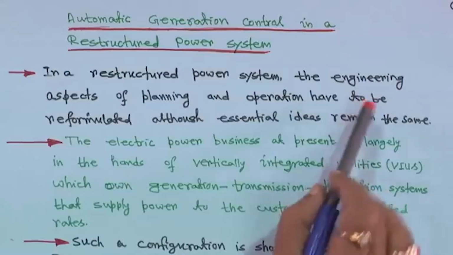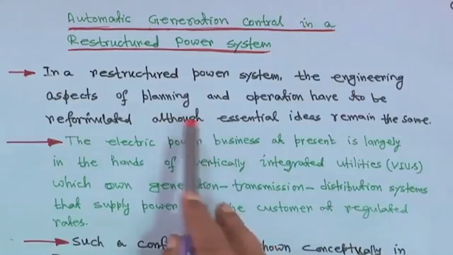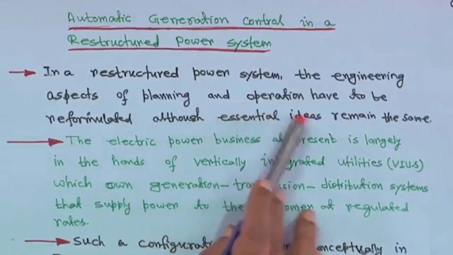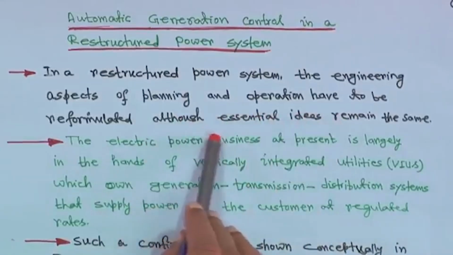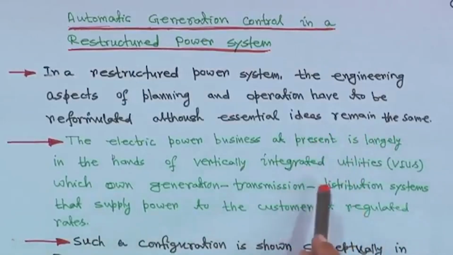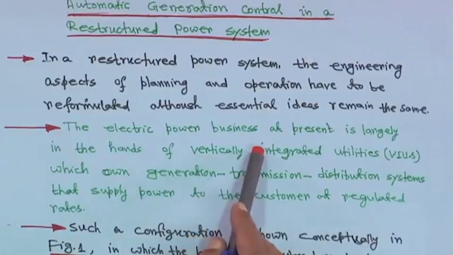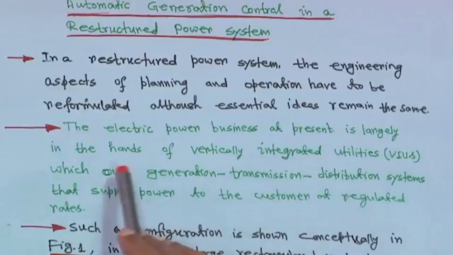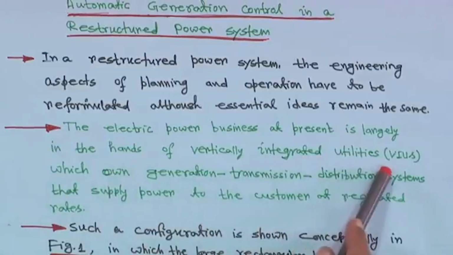So in the restructured power system, the engineering aspects of planning and operation that I told you about have to be reformulated, although the essential ideas remain the same. Generation, transmission and distribution concepts remain the same, only competition has been introduced. The electric power business at present is largely in the hands of vertically integrated utilities.